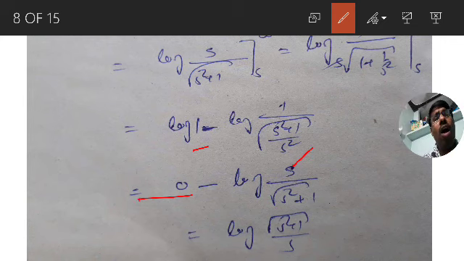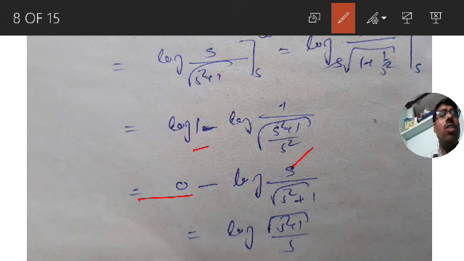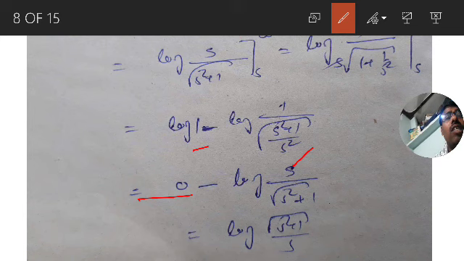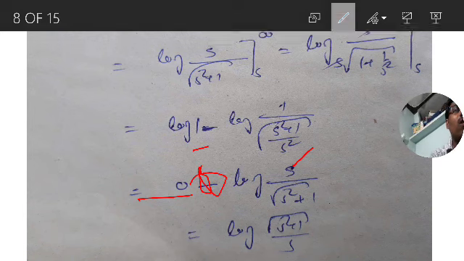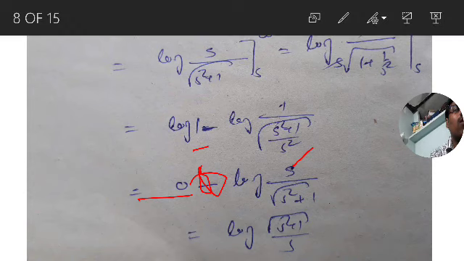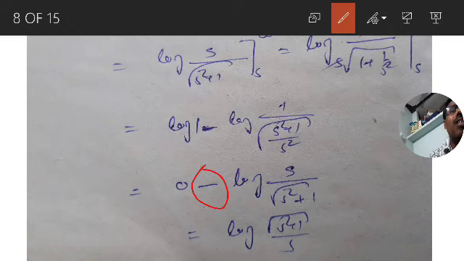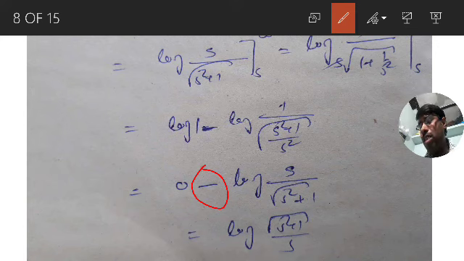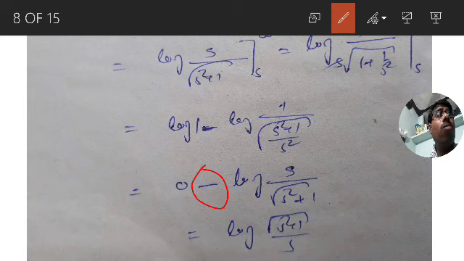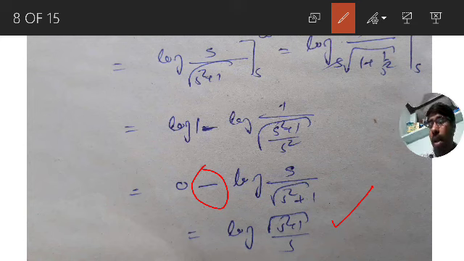So what will we get? Log s by square root of s square plus 1. Since there is a minus, minus of log x by y is log y by x, reversed. So log of square root of s square plus 1 by s.